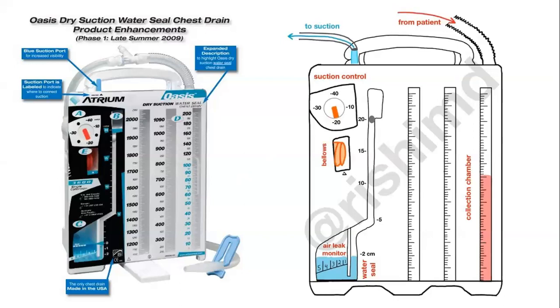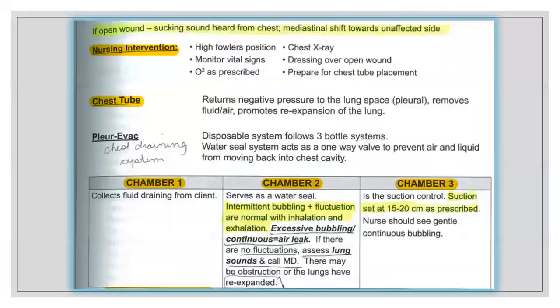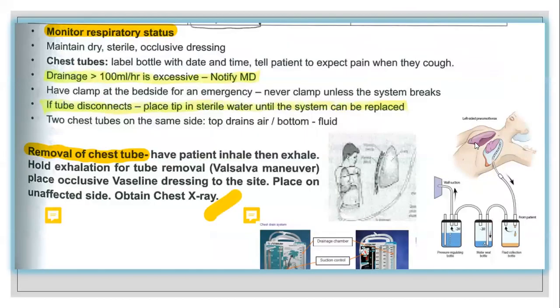The function of the chest tube is to remove air from the lungs. You see the picture? When we need to remove air or fluid from the pleural space, the secretion collects inside the chest tube.